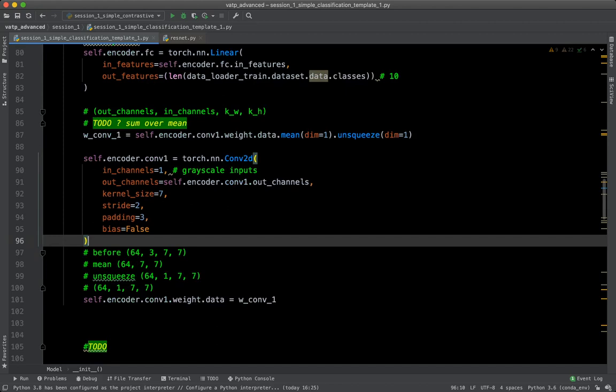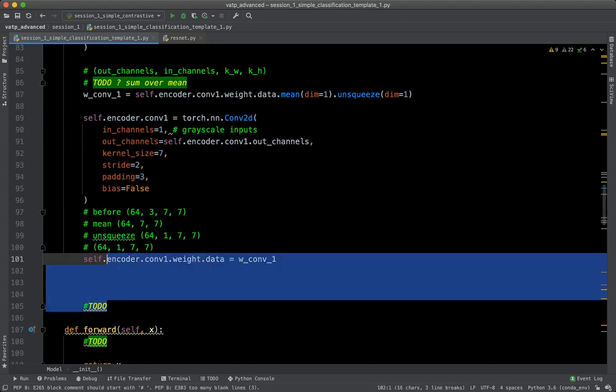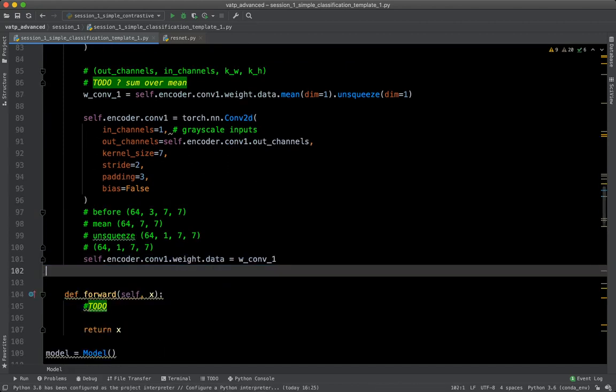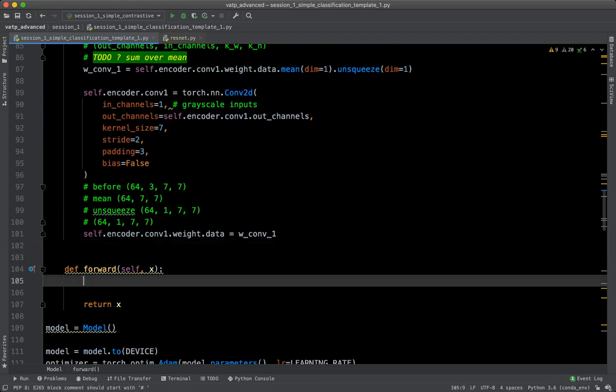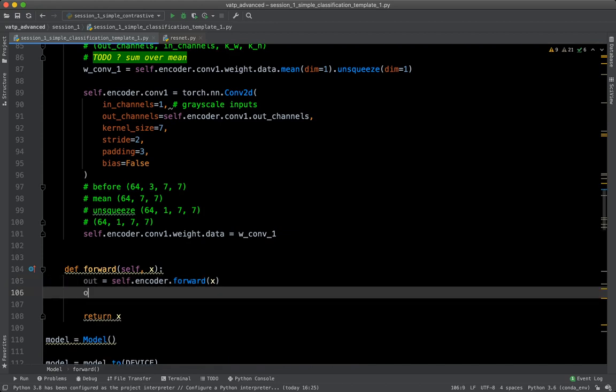Okay, the initialization part is ready. Then the forward pass is also quite simple stuff. So out, self. By the way, I want to write loss functions ourselves. That's why we're not going to use any pre-compiled loss functions. That is not the way to go to understand a lot of complicated models.